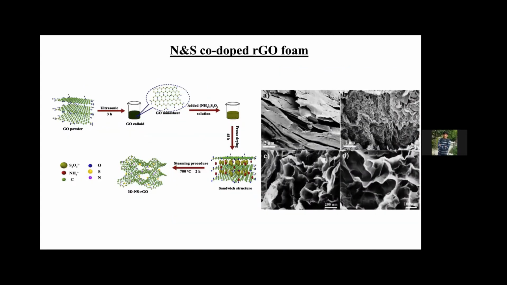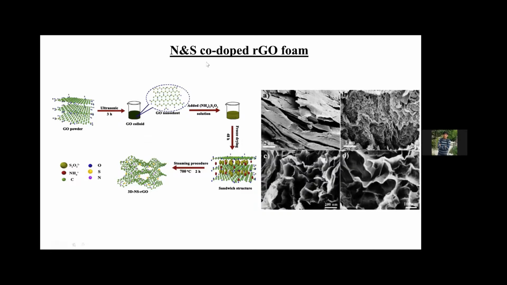And one more example is the doped graphene aerogel. They use graphene oxide powder and nitrogen and sulfur precursors. They use graphene oxide colloidal, and they just freeze it.